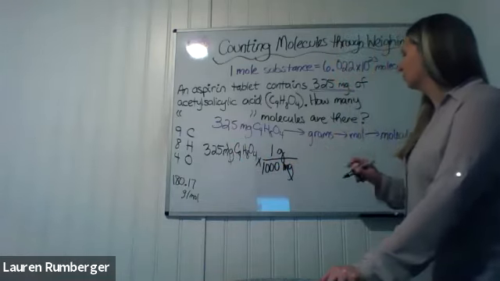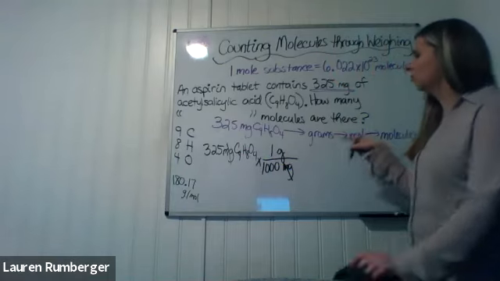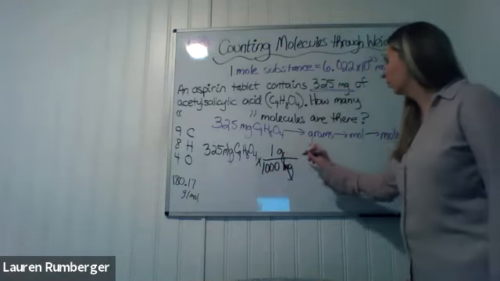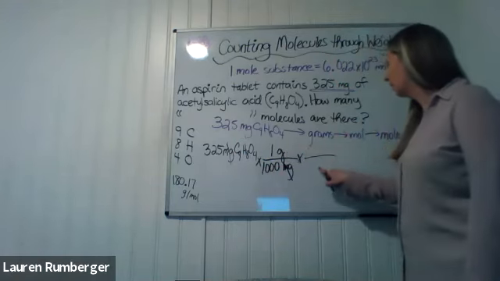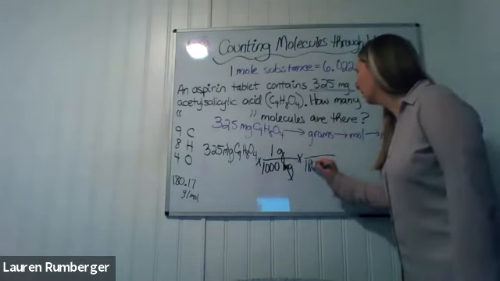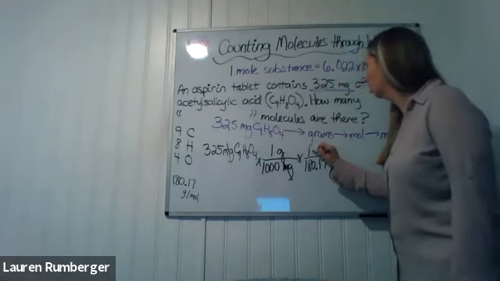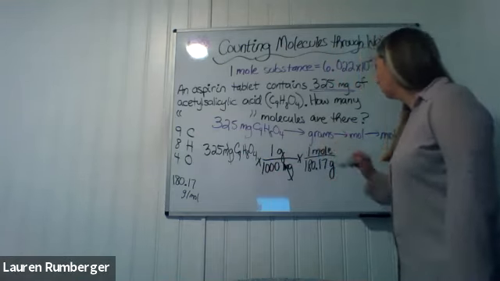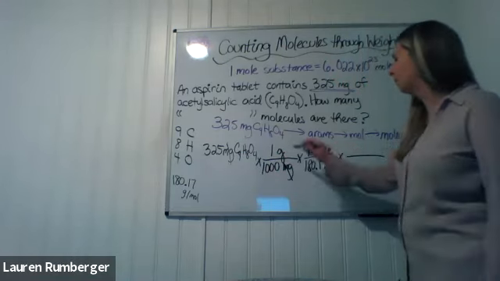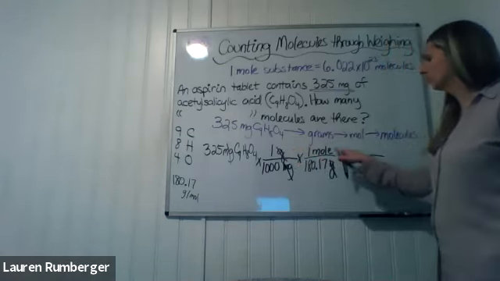Next, we have grams. We want to change grams into moles. In order to do that, we use the molar mass. If we have grams on the top, we need to cancel grams on the bottom. So we're going to put 180.17 grams on the bottom per 1 mole on top. Now that we've canceled grams, our final step is moles.